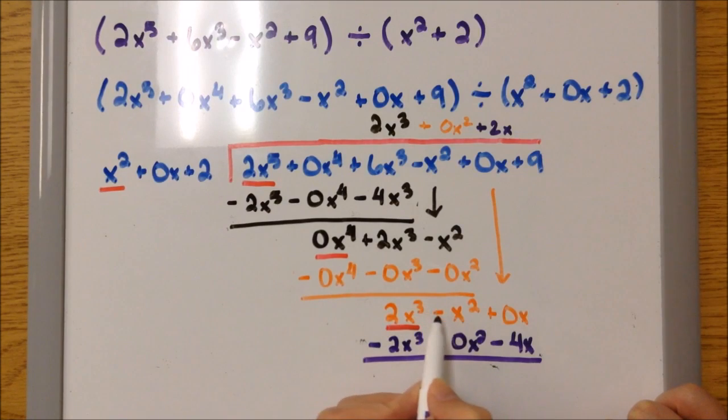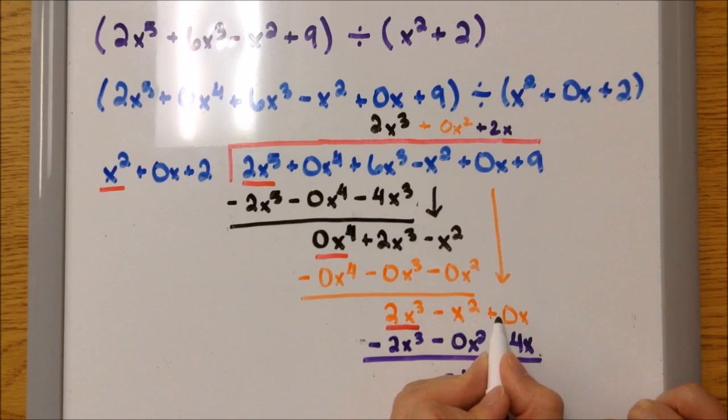Now move on to the next. So negative x squared minus 0x squared. So basically negative 1x squared minus 0x squared. It doesn't change because it's being subtracted by 0. So negative x squared. And then 0x minus 4x will be minus 4x.